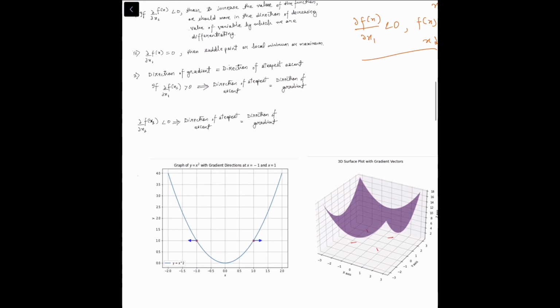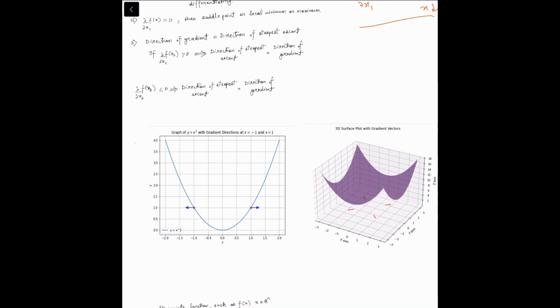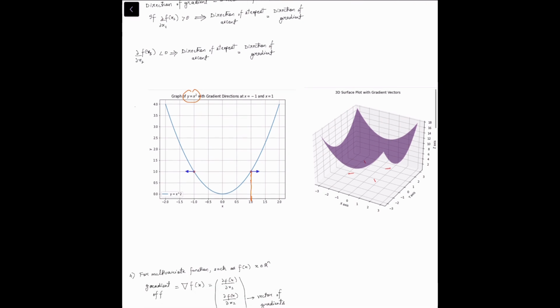You will understand this from this diagram. We all know this is a diagram of y equals x squared. The differentiation of the function at this point will be 2x, so the derivative at this point will be positive.